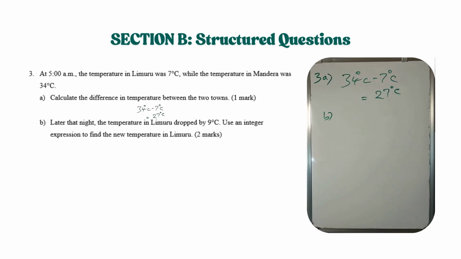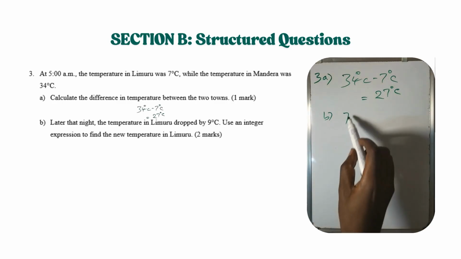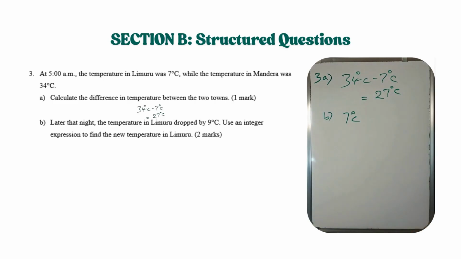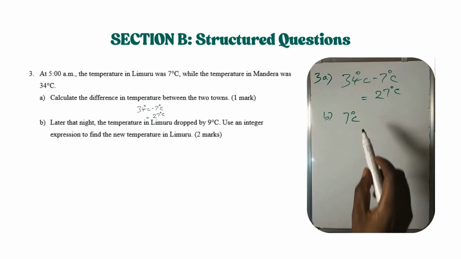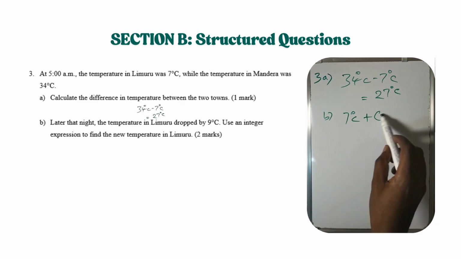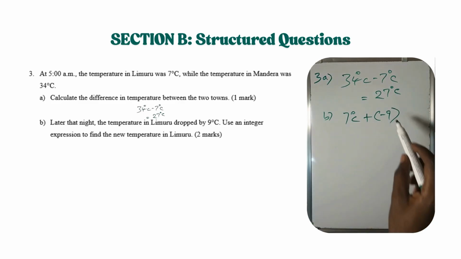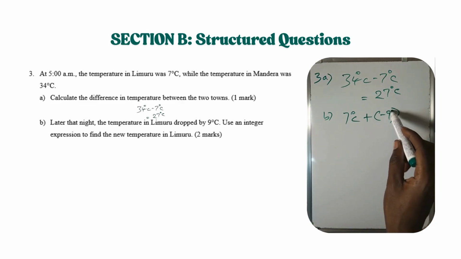For B, later that night, the temperature will drop by 9 degrees Celsius. Use an integer expression to find the new temperature in Limuru. So the temperature in Limuru was 7 degrees Celsius, and later that night it dropped by 9. When it drops, we subtract.